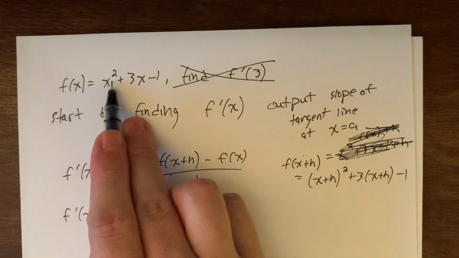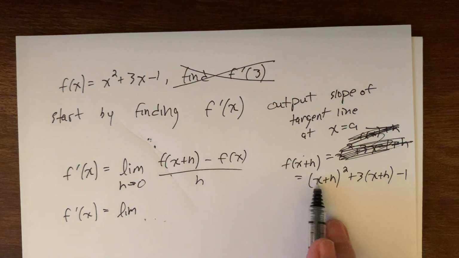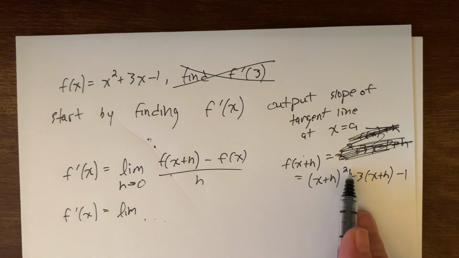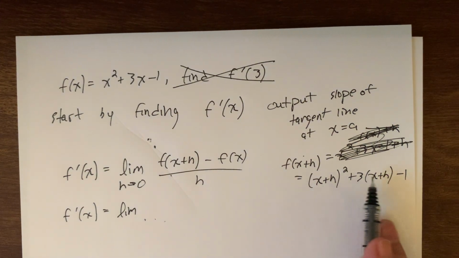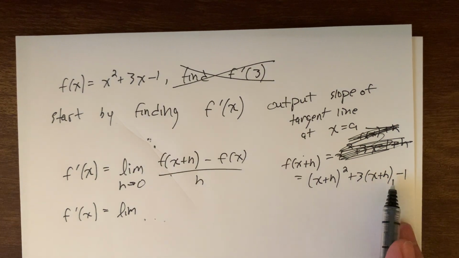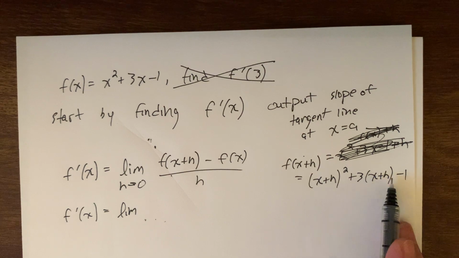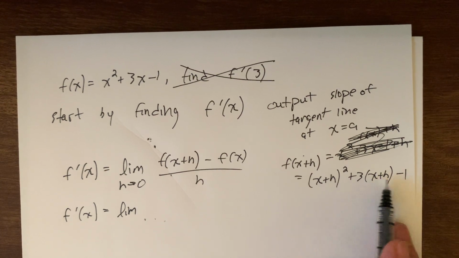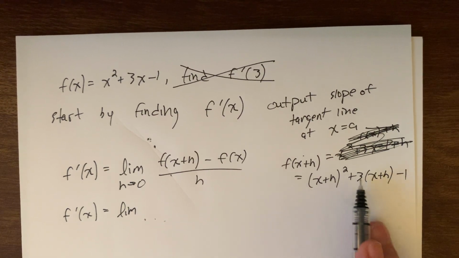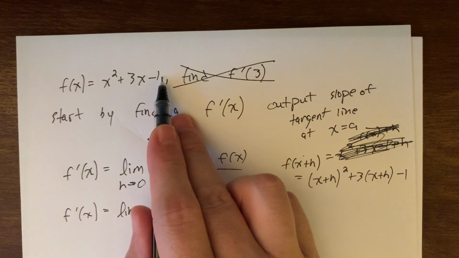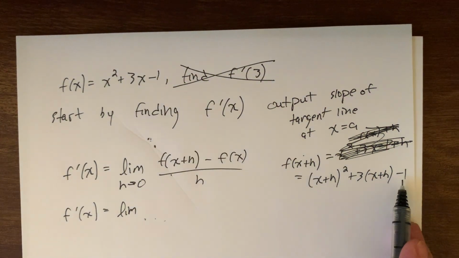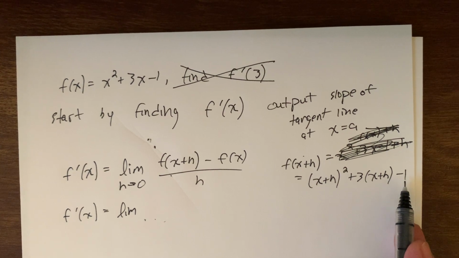The whole x was being squared here, so now the whole quantity x plus h is being squared. 3 was being multiplied by x. Well, now 3 is being multiplied by the whole quantity x plus h. Not 3x with a plus h. We need that x plus h in parentheses, so all is being multiplied by 3. The minus 1 was just floating along, had no x, so the minus 1 is still here.